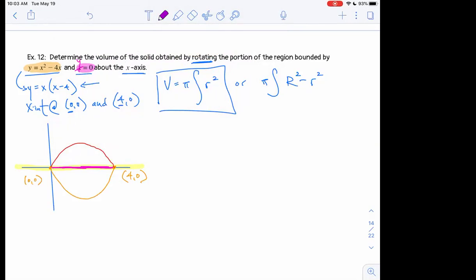So let's say I thought maybe I should use dy. I would draw lines that would go this way. But those lines go from orange to orange, and that for us right now is problematic. So I'm going to undo those two, and I'm going to try drawing them vertically. If I try drawing them vertically, is there a clear top curve and bottom curve for every single purple line?